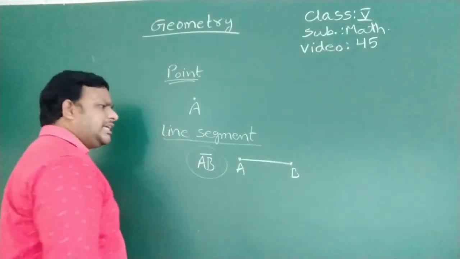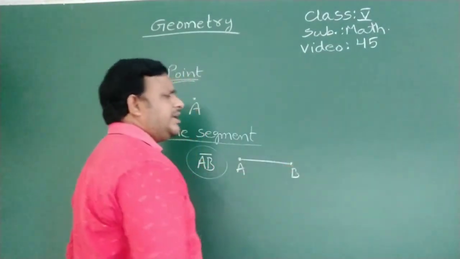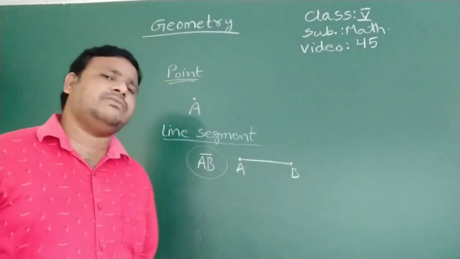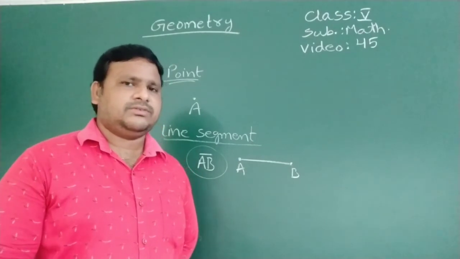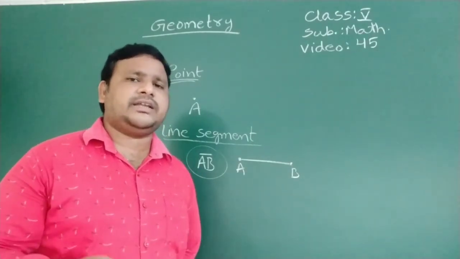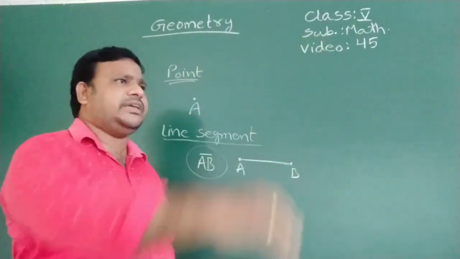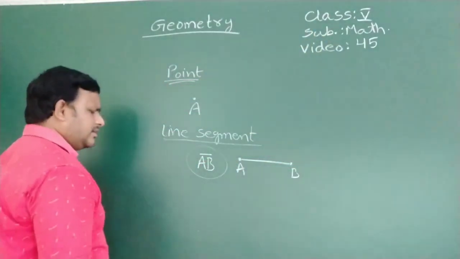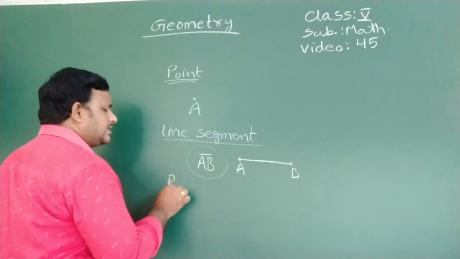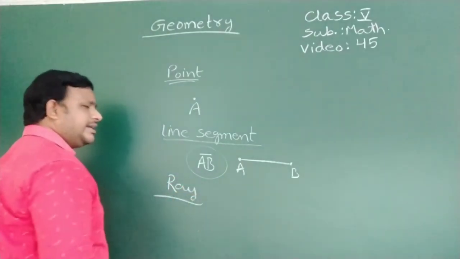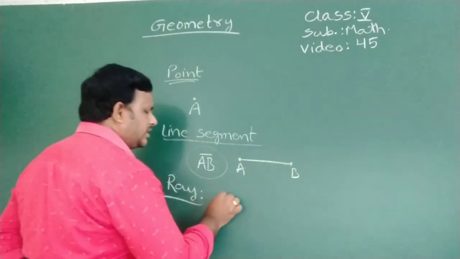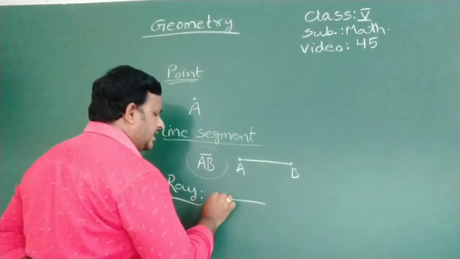If this line segment is extended endlessly only in one direction, extended endlessly means there is no end, so infinite length, then we will get a ray. So see, AB is a line segment.